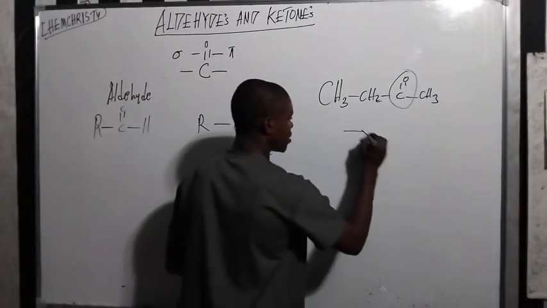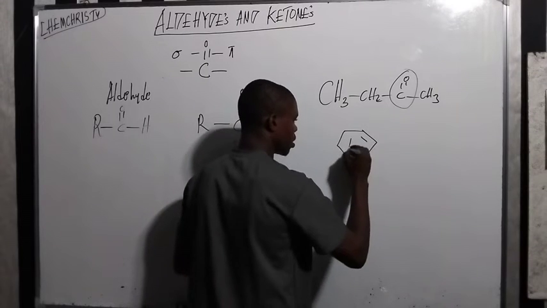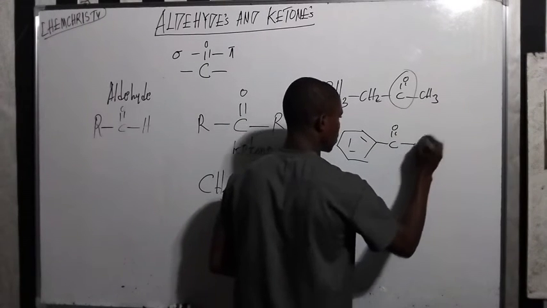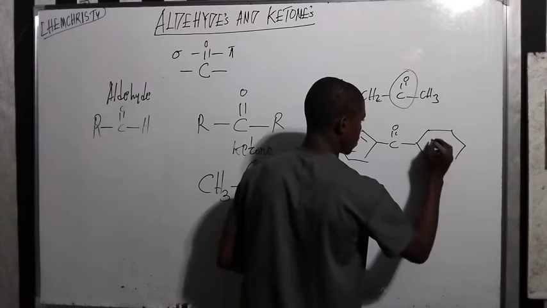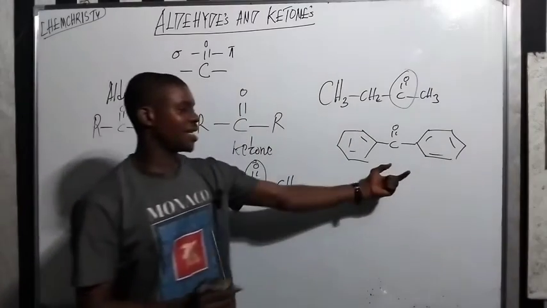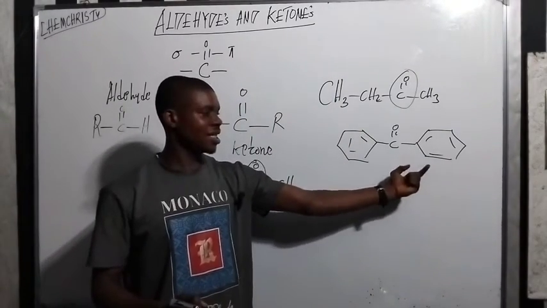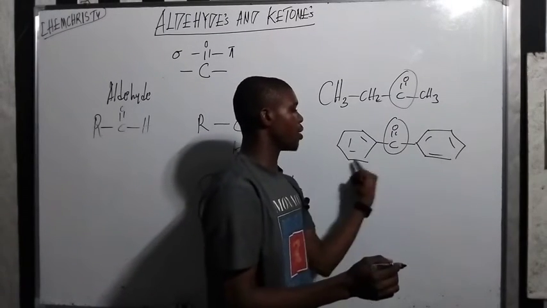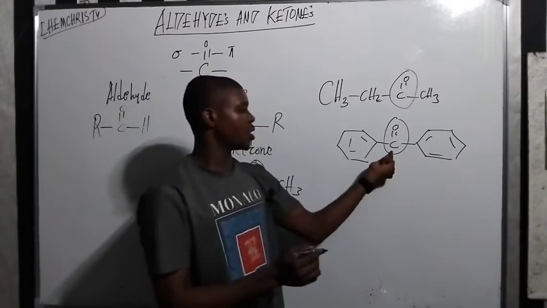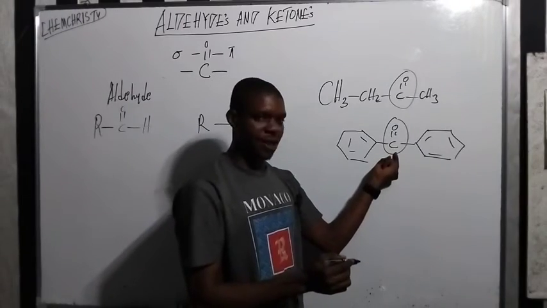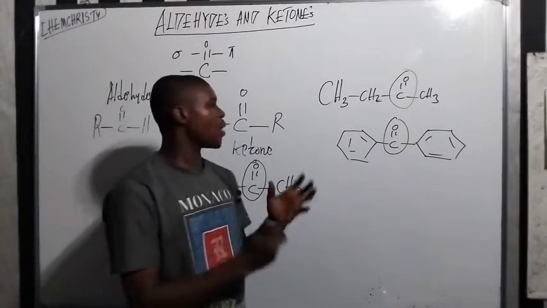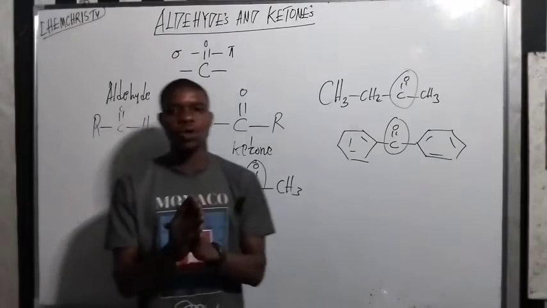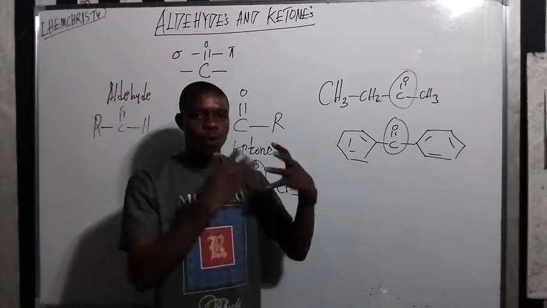Another example is this. This is a ketone, with two benzene rings attached to the carbonyl functional group. Do you understand? So these are all ketones. We are going to look at how to name each of them one by one.